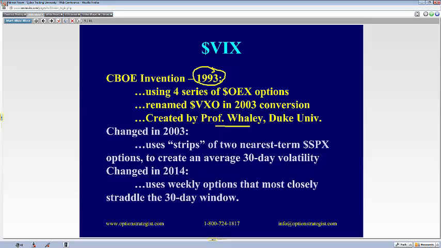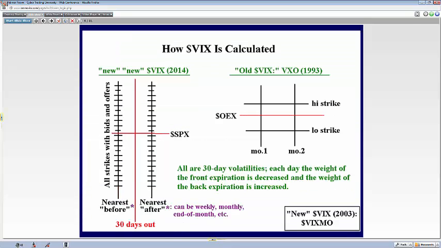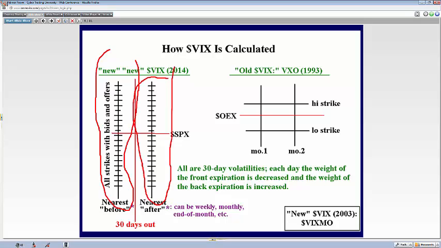In terms of how VIX is calculated, this is a graphic demonstration over here on the left. You can see that this is the two strips of options. There's one strip right there, and then the other one next to it. And they use all of the options in the calculation.